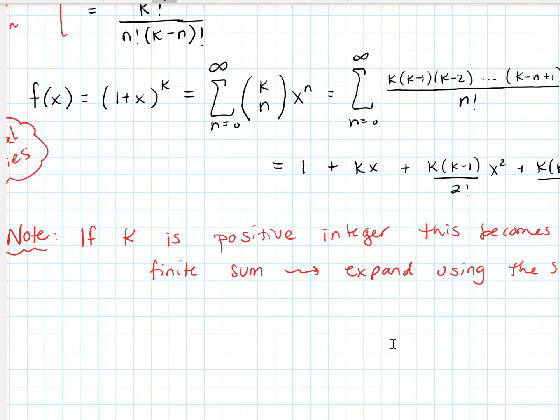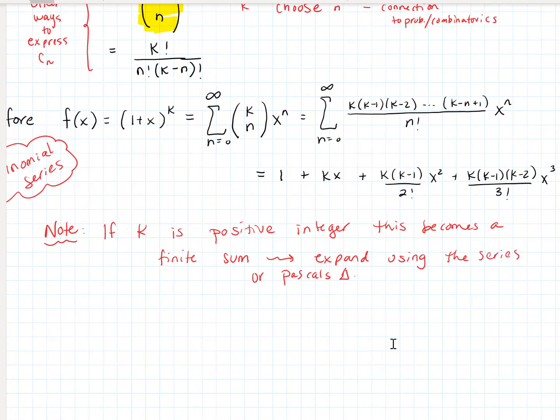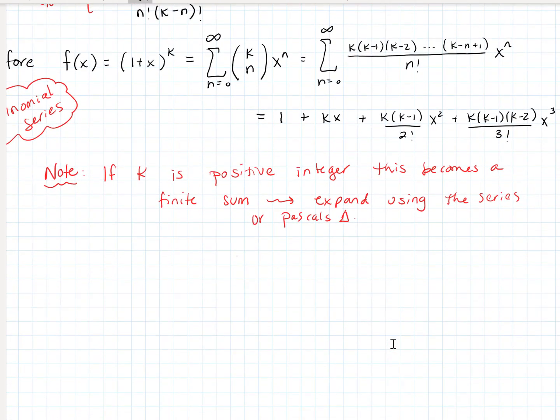Pascal's triangle, right? We've looked at these in their finite sums before, so here's just a quick little example. Like if we had, let's say, 1 plus x to the 4th. Quick little recall on this one. 1 plus x to the 4th, if you think about Pascal's triangle here, and I won't spend a lot of time explaining Pascal's triangle, I'll just generate it.